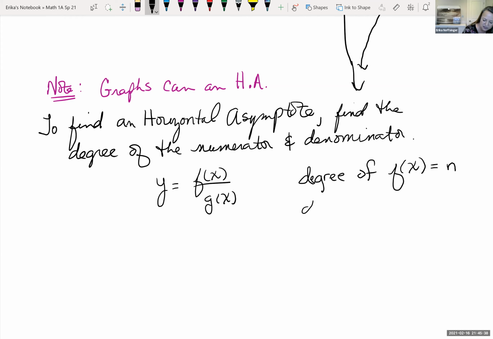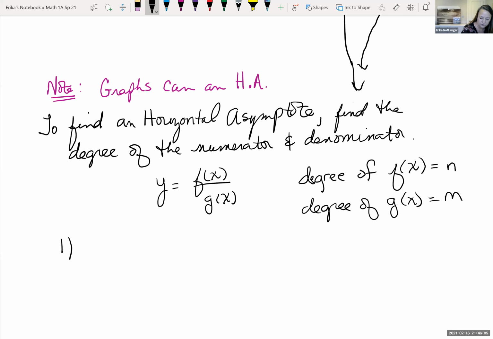And let's say we looked at the degree of the denominator g of x, and we got back m. So recall, for the degree of a polynomial, you're looking at the highest exponent, and that number is the degree. So there's 3 different cases that could happen.